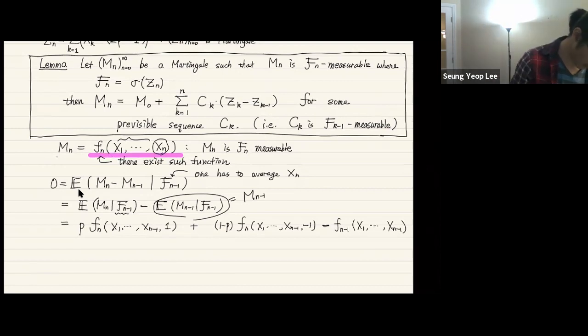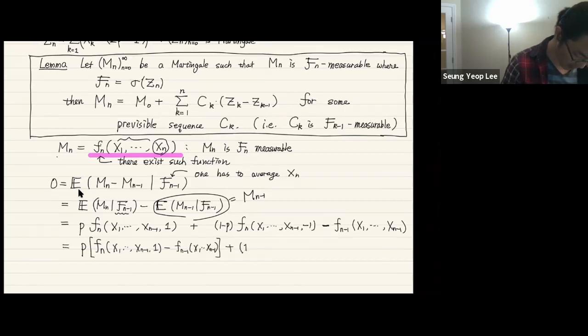Okay, and then I will collect this way: x1 to xn minus 1, 1 minus Fn minus 1, x1 to xn minus 1, plus 1 minus p, and then I collect also the similar thing with a minus 1 at the end, minus Fn minus 1.